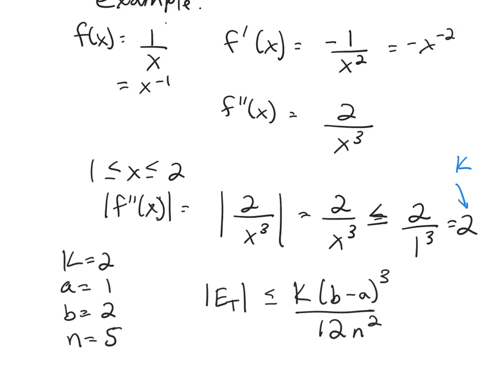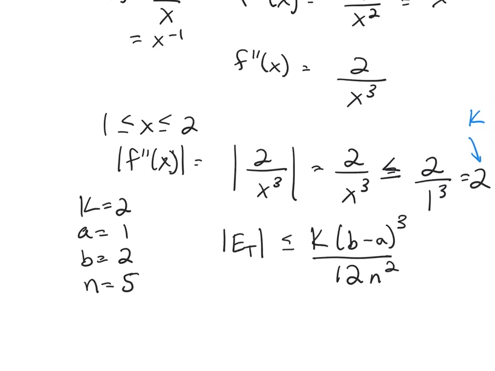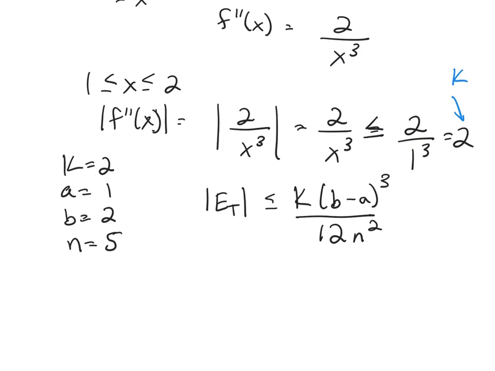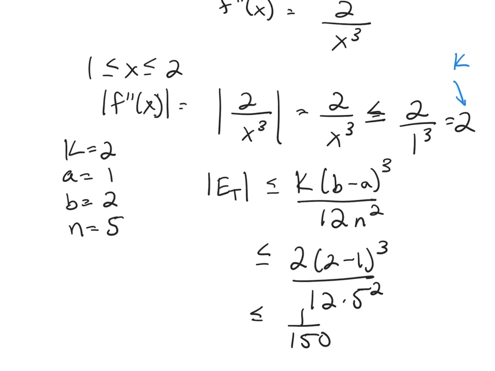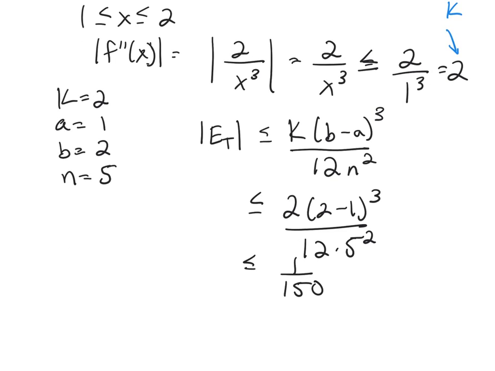All right, so we now know all of the values here. k was 2, so 2 times (2 minus 1) cubed over 12 times 5 squared. If you simplify this, you're going to get 1 over 150. And if you put that in a calculator, this is approximately 0.00667.